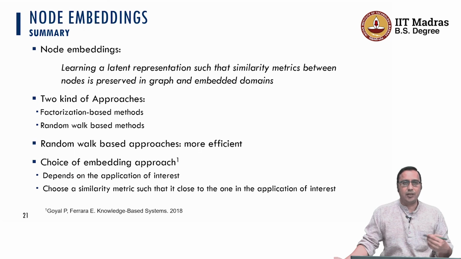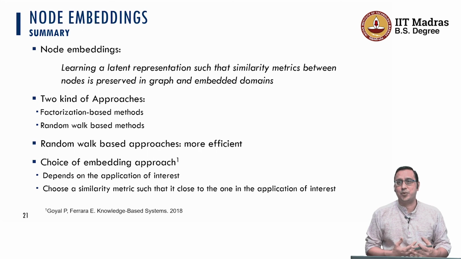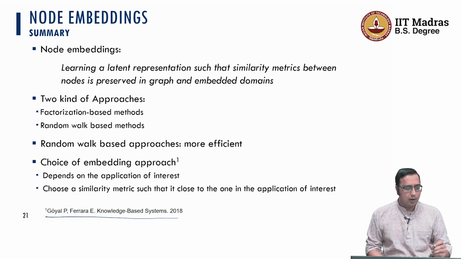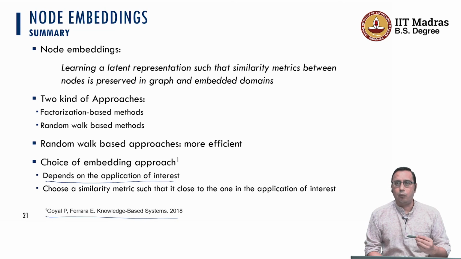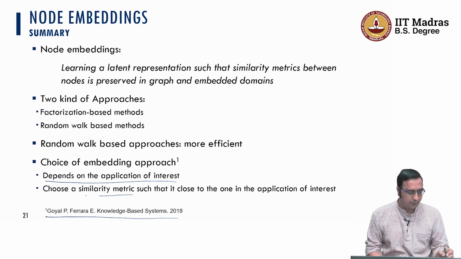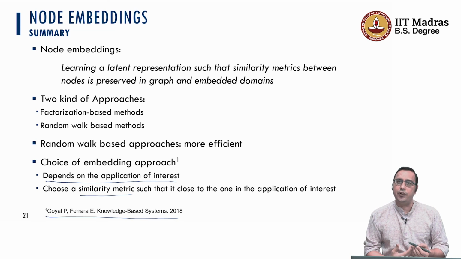Now many times there is a question which method to choose for the embedding, because we have several methods. That question is often difficult to answer. There is a nice study by Goyal and Ferrara which compared some of these embedding methods. We can look at it, but based on the experience of many researchers, the choice of embedding approach depends on the application of interest. What we have to look at is the similarity metric which we have used to define the co-occurrence of two nodes.